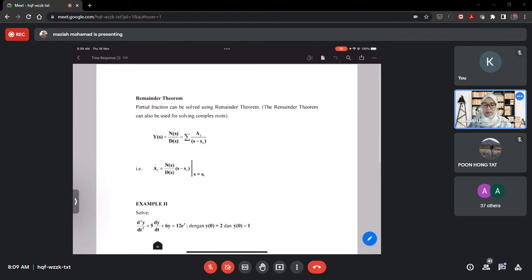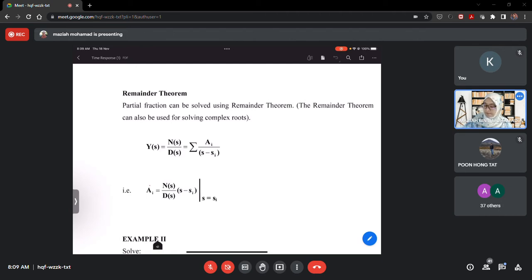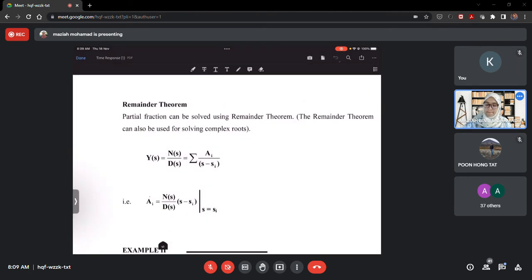So this is the remainder theorem. The remainder theorem says that a function is normally in the form of a numerator over a denominator, where n represents the numerator and d is the denominator.